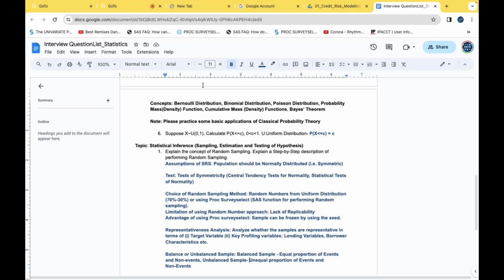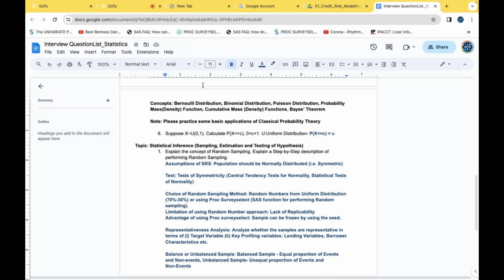Now, ideally, if anyone asks you which is the better model, or which is the better kind of sampling, then for a simple random sampling, you always have the answer that the random number approach, if executed through SAS, can have a lack of replicability. The sample size may not be exactly the same as that on which the development and validation has been performed by the developer.